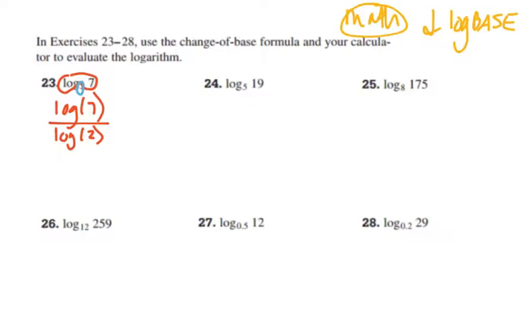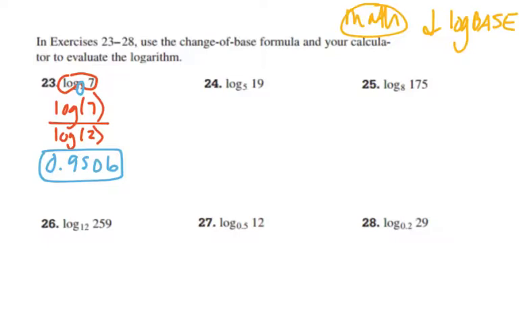So log of 7 over log of 2, and again, I still have a TI-83, so that's what I'm going to be typing in. Log of 7, log of 2, gets you your decimal of 0.9506. Doesn't say how many decimal places, so we'll do 4.